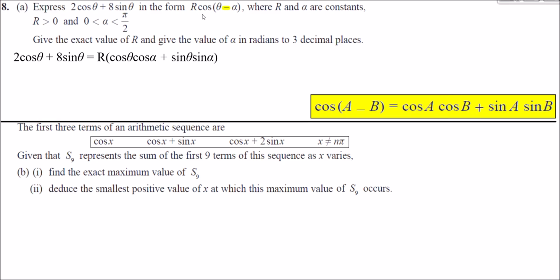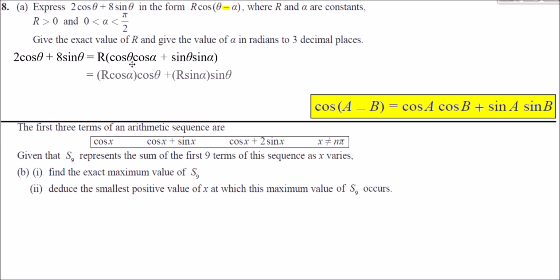So all I've done at this step is rewrite the cos using this compound angle formula. Next, I'm going to factorize out anything to do with cos theta and anything to do with sine theta, then we can compare coefficients.